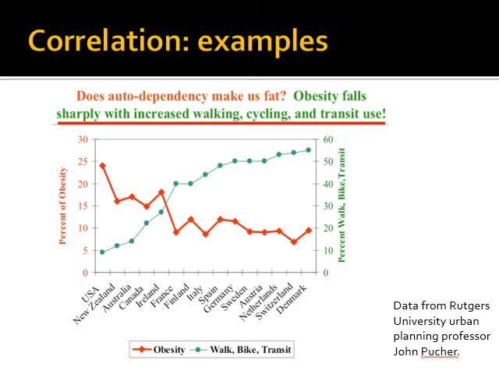So what you notice there is that among the countries, the more people who are walking, biking, using transit, the lower the obesity rates compared to other countries. This is data that was presented from Rutgers University urban planning professor John Pucher.